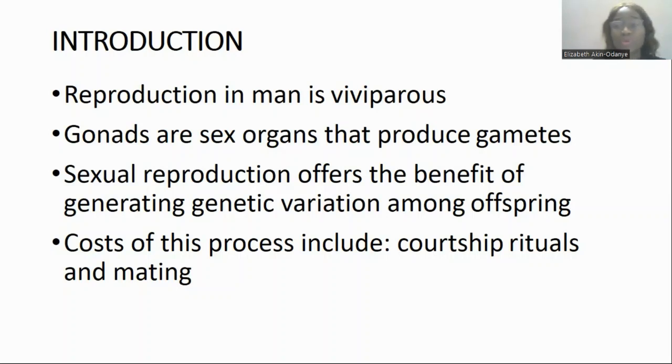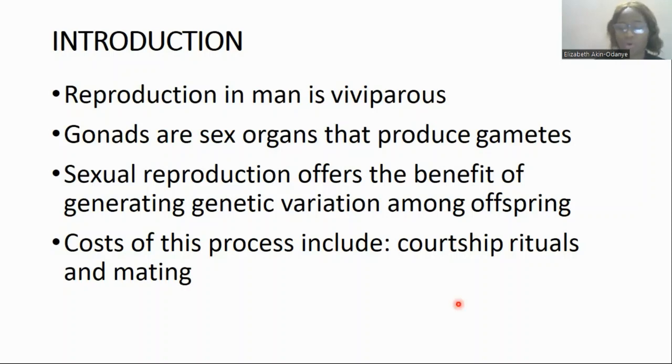The costs of this process are courtship rituals, because you must meet someone that is mutually interested in you and mutually interested in mating to get the process started. Other basic biological processes and mechanisms are also involved in reproduction.